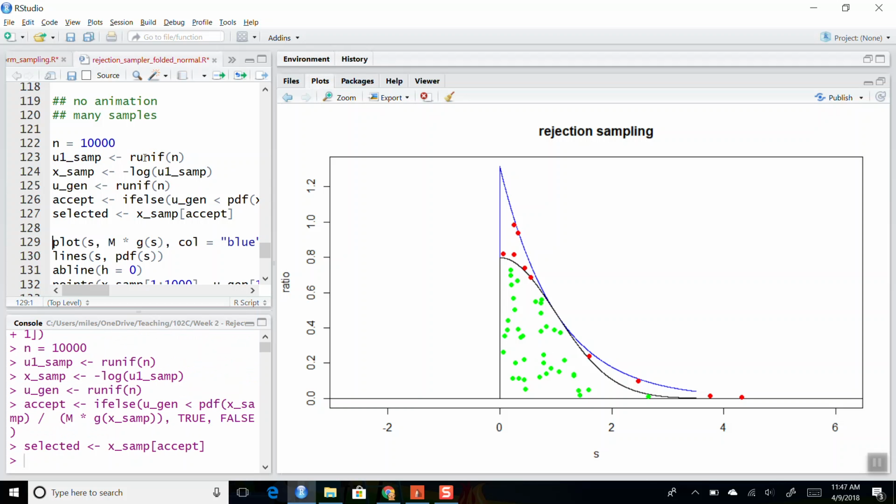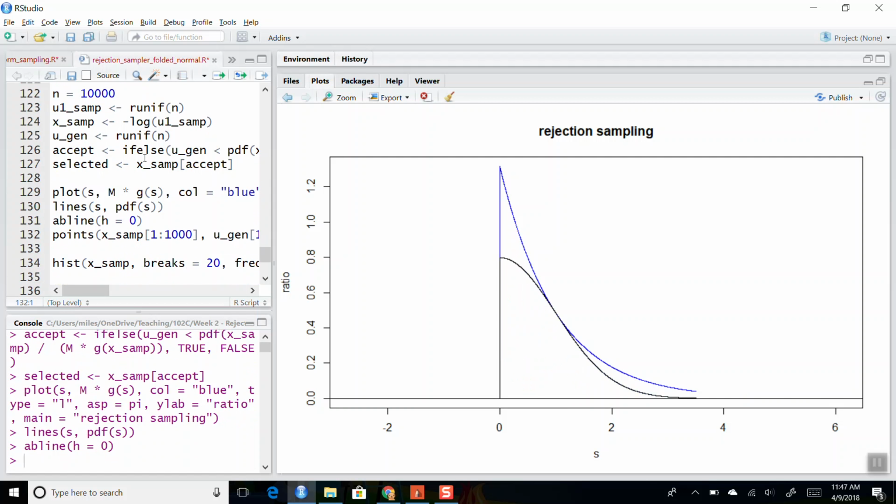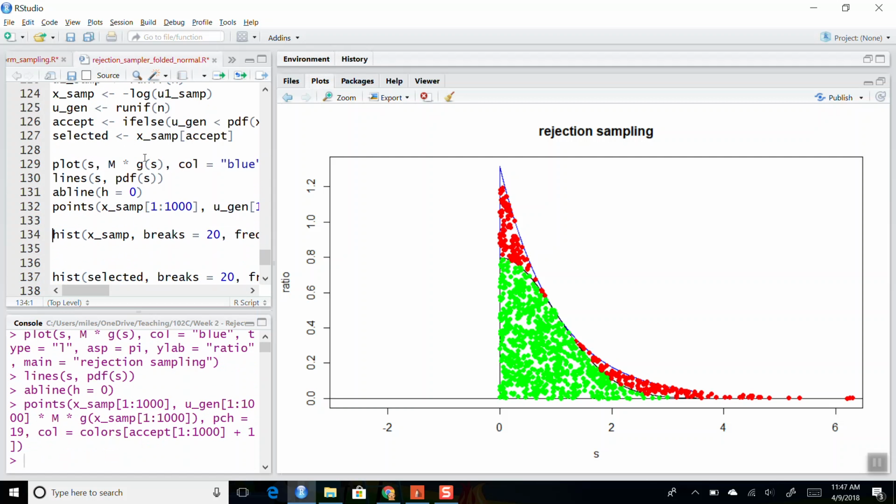And I'll run this. And so this is with like 1,000 points drawn from here. You can see the proposed points all follow the exponential, but the ones that are accepted follow the normal PDF, at least the folded half.